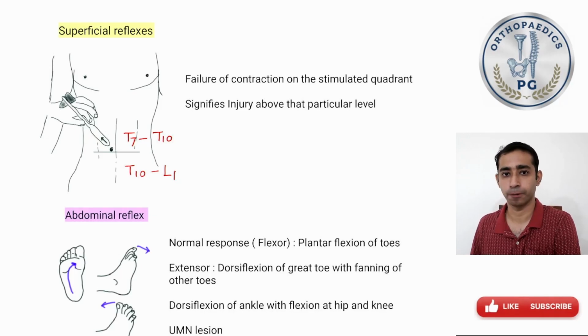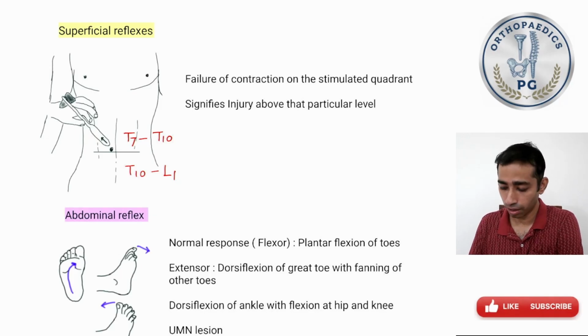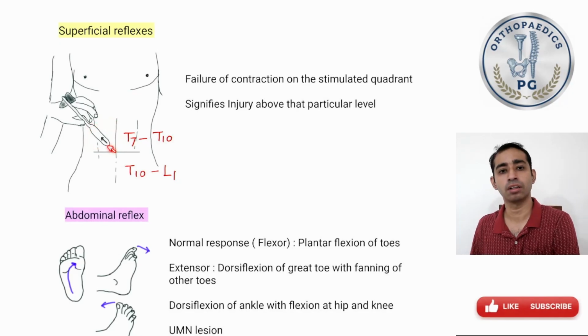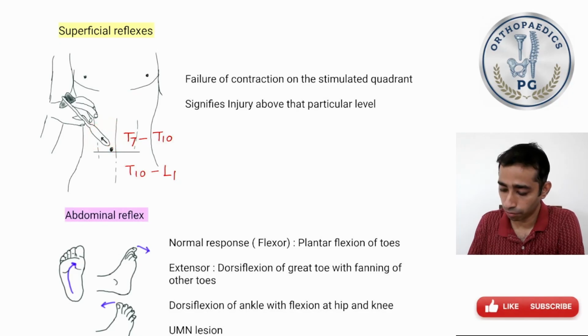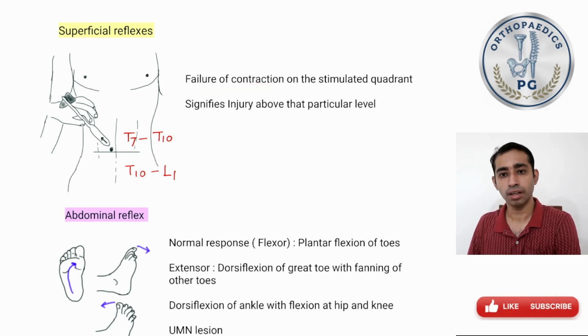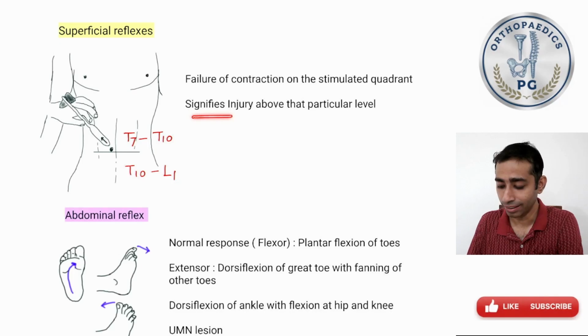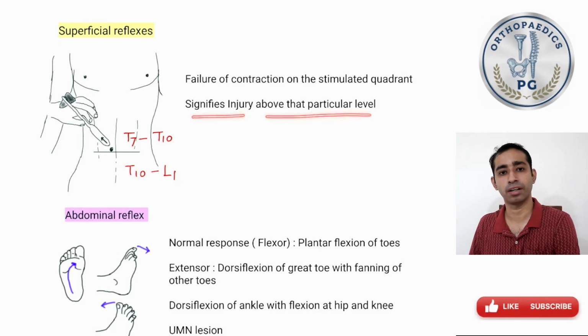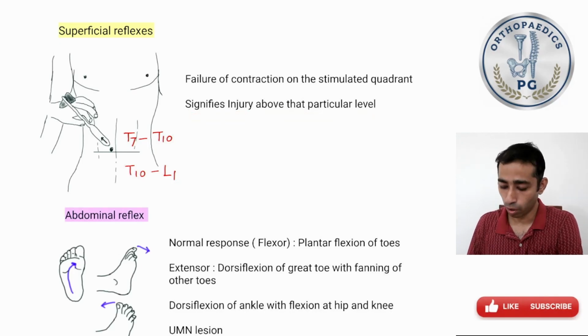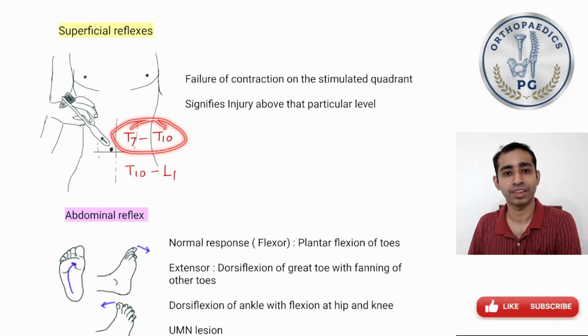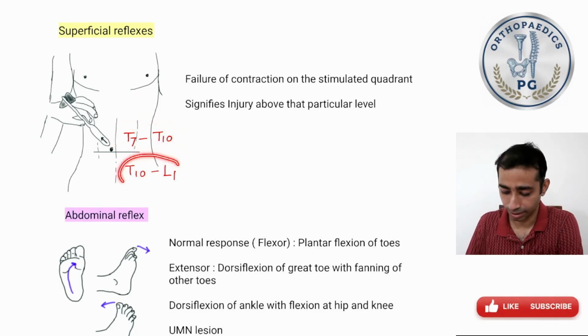Both are acceptable. Now normally there should be a contraction of that stimulated quadrant with shifting of umbilicus towards the quadrant. If there is a failure of this contraction, it is an abnormal abdominal reflex, and this signifies injury above the particular level. The upper quadrant muscles are T7 to T10 and the lower quadrant muscles are T10 to L1.